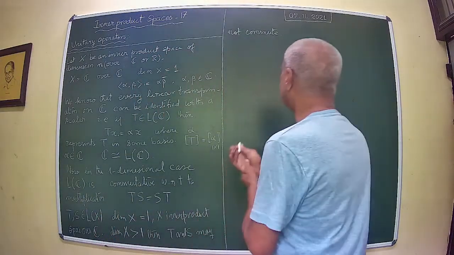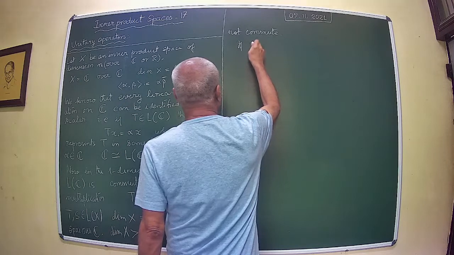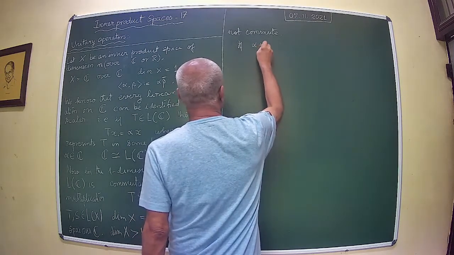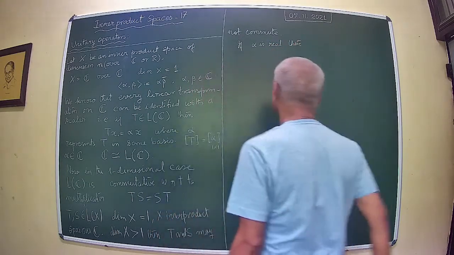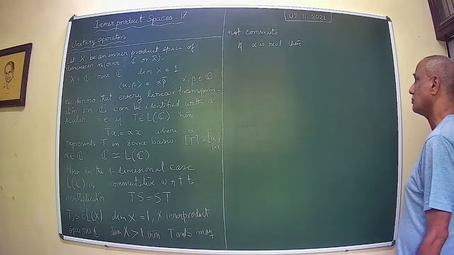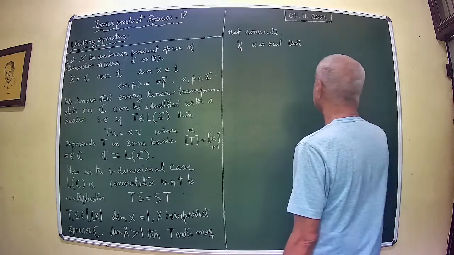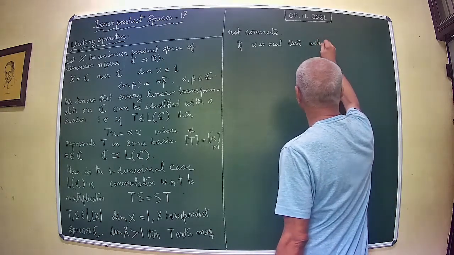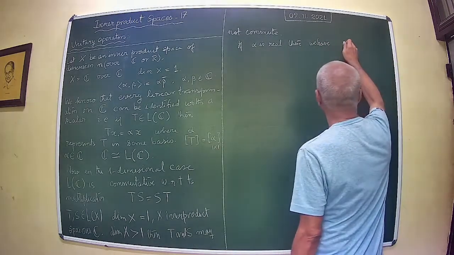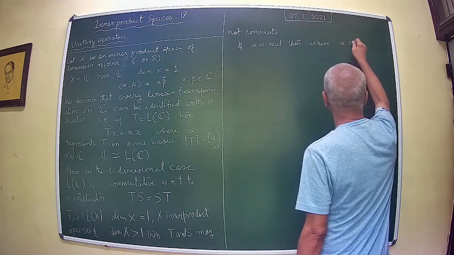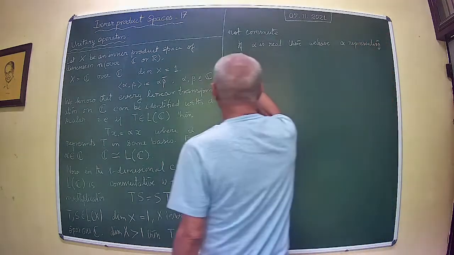And what we have seen is this: if alpha is real, then we have alpha representing a self-adjoint operator.